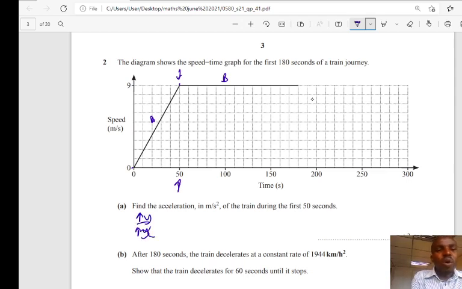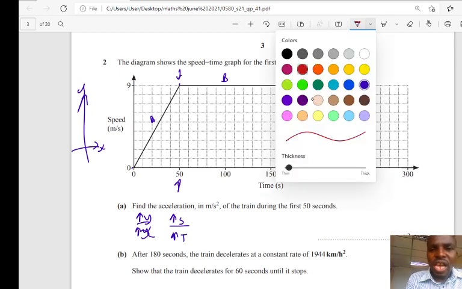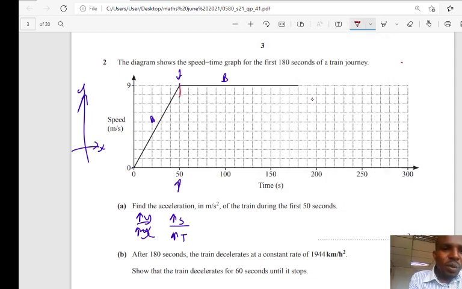Remember that one? Y is usually this one, then this one is x. So y is with speed, so you can say increase in speed or velocity over increase in time t. You can form your triangle here. You can say from this point to this point, then from this point to this point, that's x.